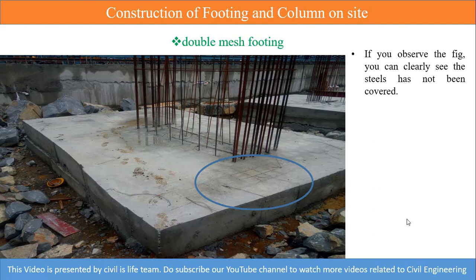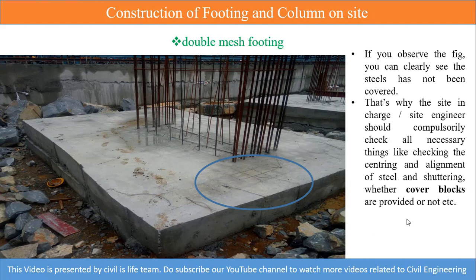So this is the problem because we haven't provided sufficient cover blocks. In footings we have to provide 50 mm cover blocks, that is we have to keep minimum 50 mm cover below as well as top of the steels. So this should be taken care of. It's the work of a site in charge or the site engineer.